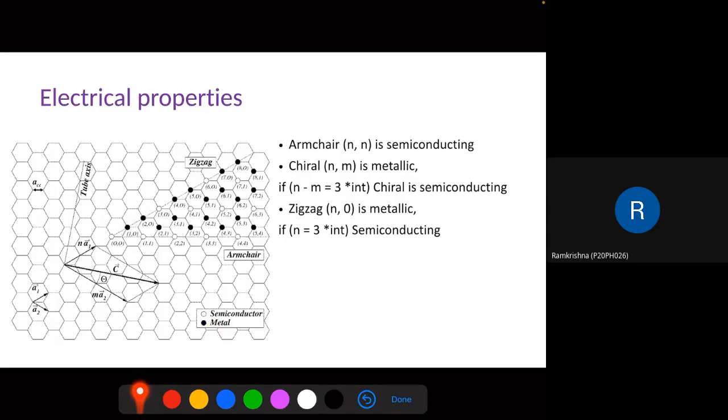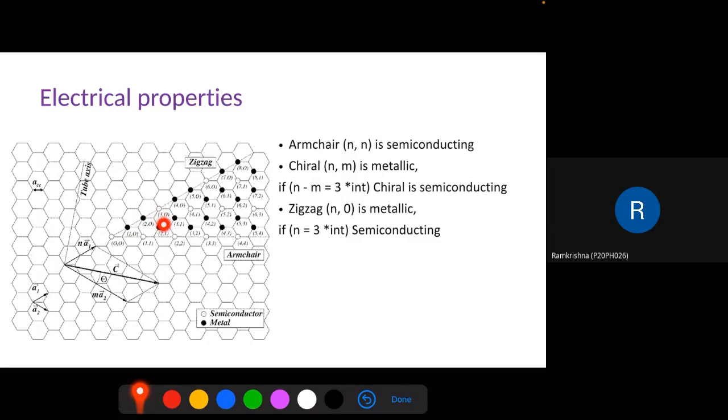And the closed or dark circle says whether it will be metal. Now let's say we have a zigzag kind of nanotube and we are going along this zigzag axis: 0 0, 1 0, 2 0, 3 0. Of course you cannot make anything out of 0 0. Now if your chiral vector is defined by 1 0, it will be metallic, 2 0 metallic, but 3 0 is semiconducting, right?